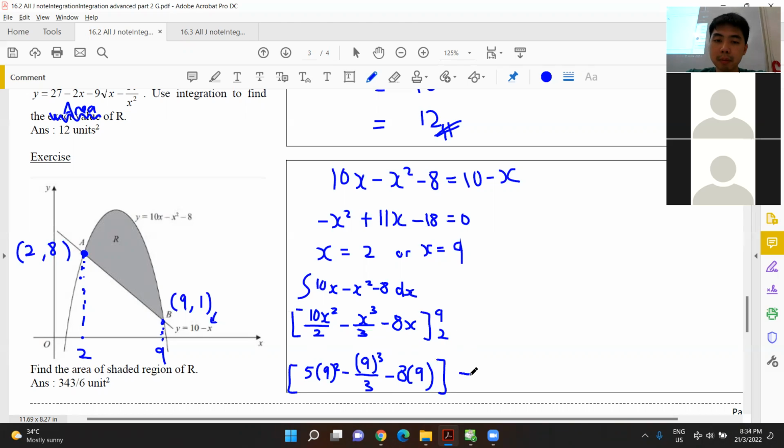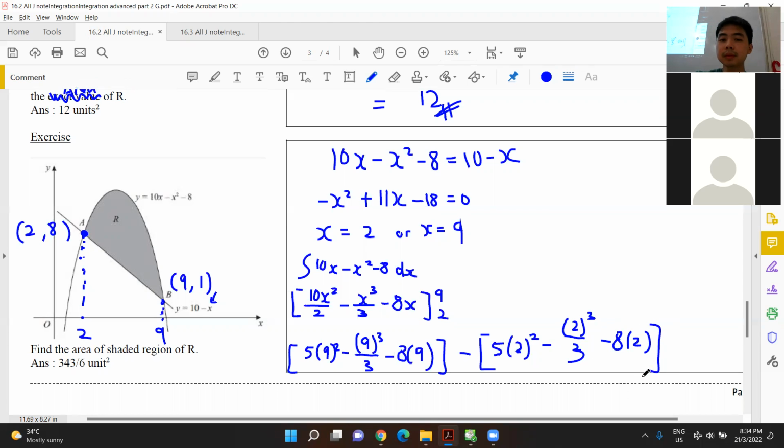This full value minus, calculating this. What did I get?